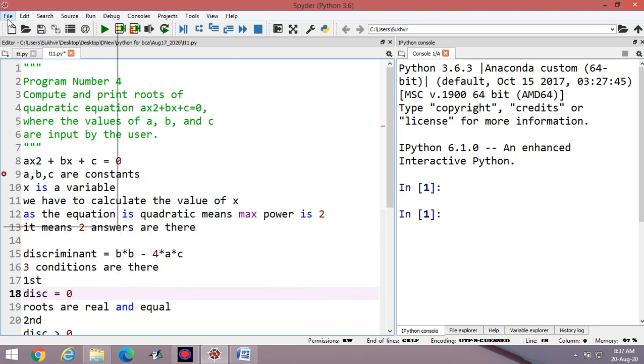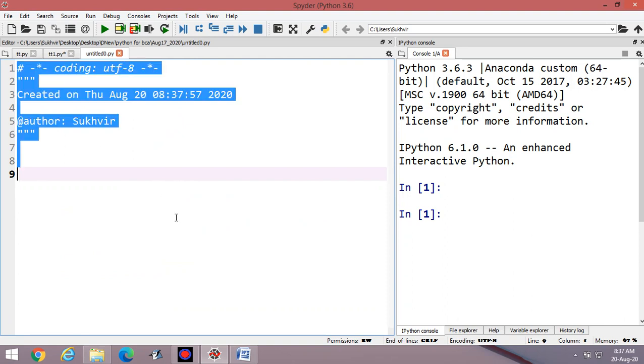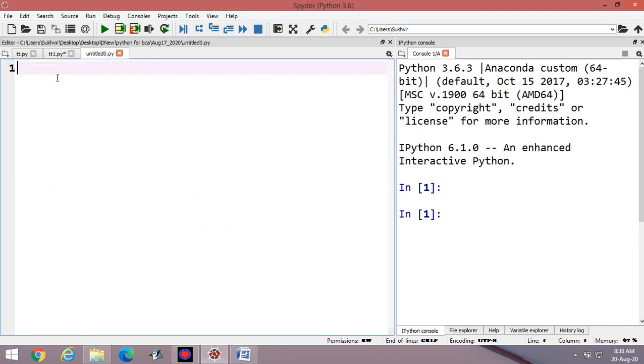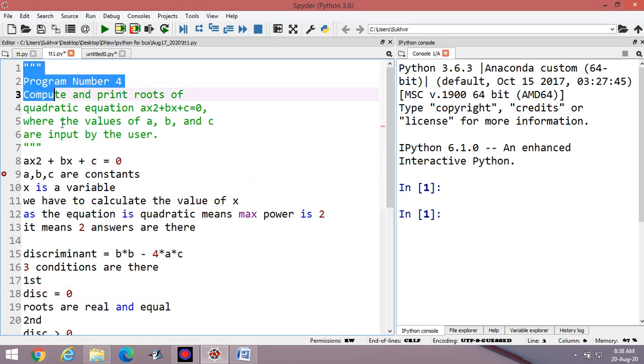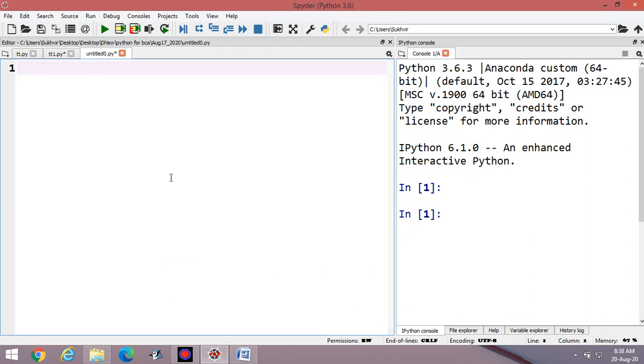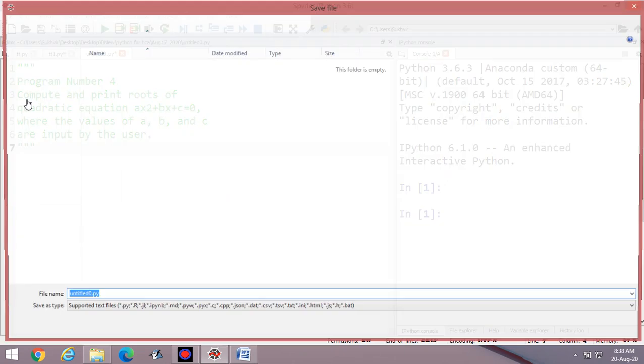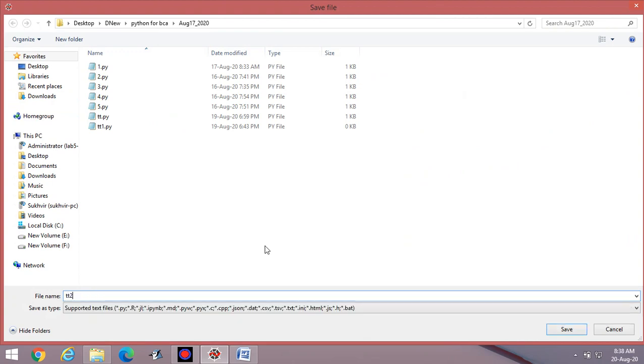Now, let us start with the program. Let's copy and paste this content in a new file, save as, and let the name of the file be another one.